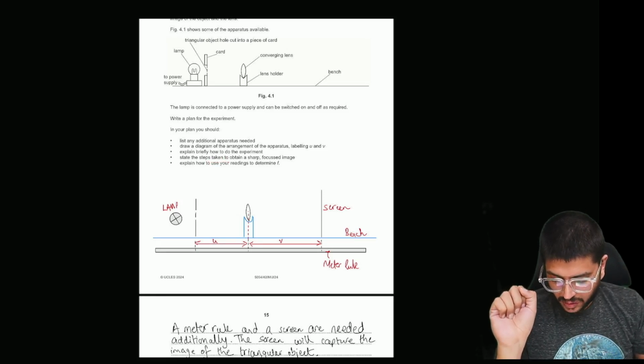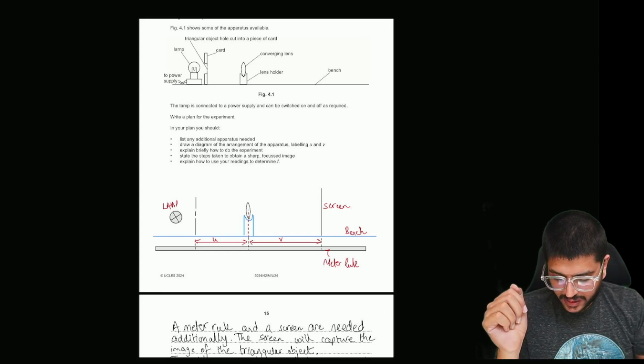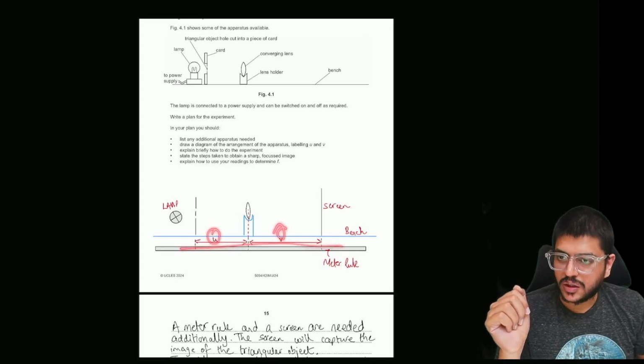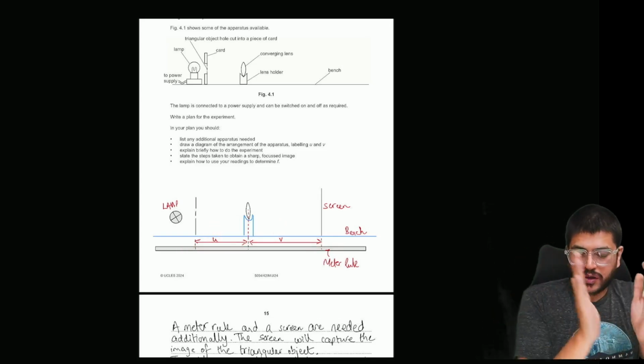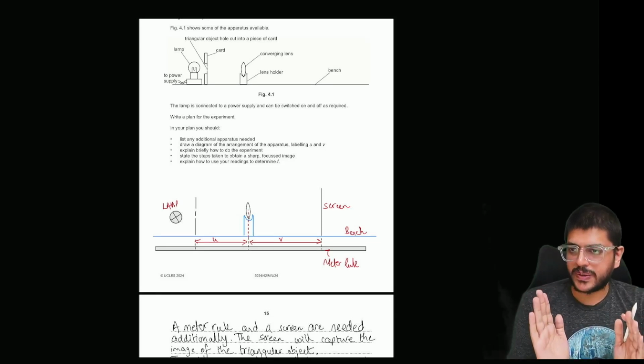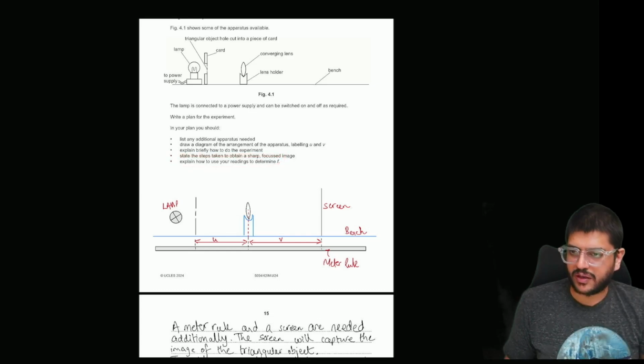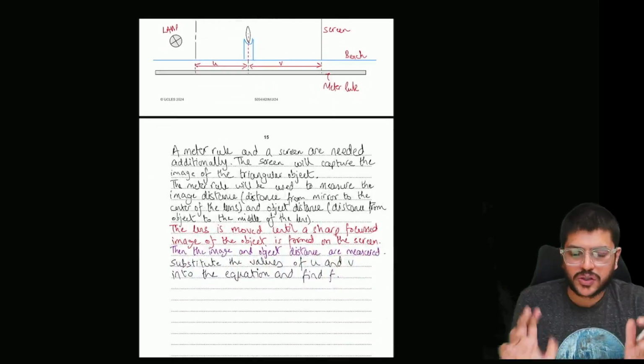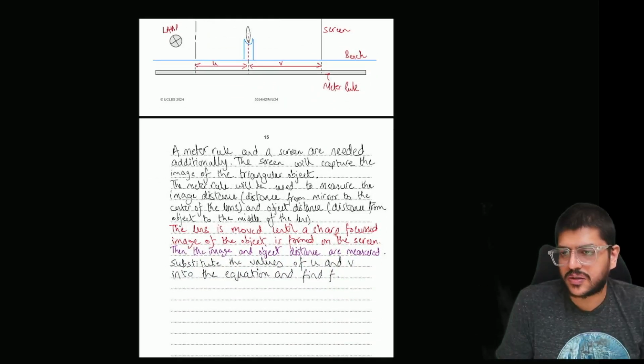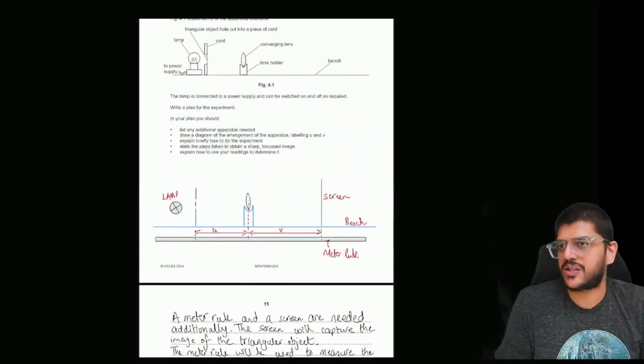And once you figure out U and V with the help of the meter rule, and we've explained how you will measure U and V, just explain how to use your readings to find F, substitute. They're not asking you for anything else. You get full marks. Literally, this is the experiment.